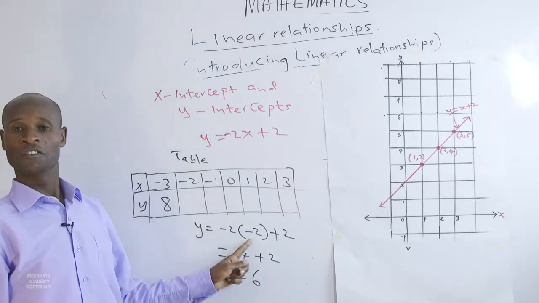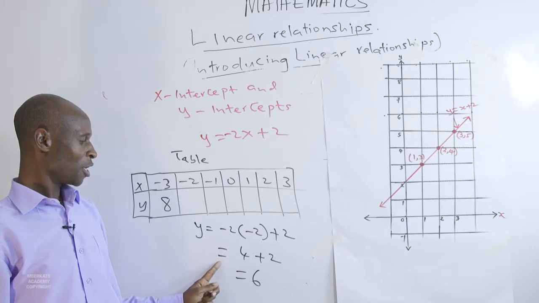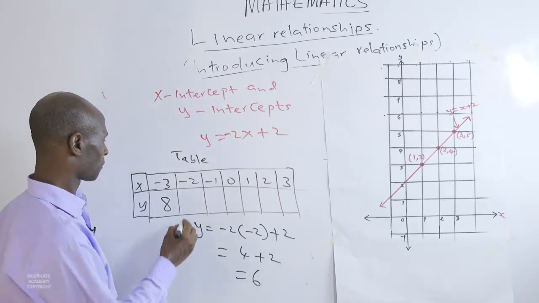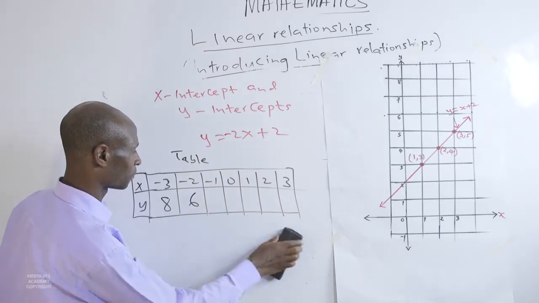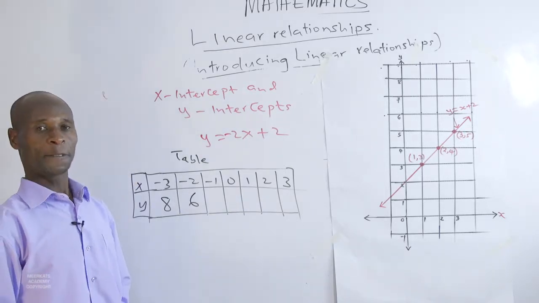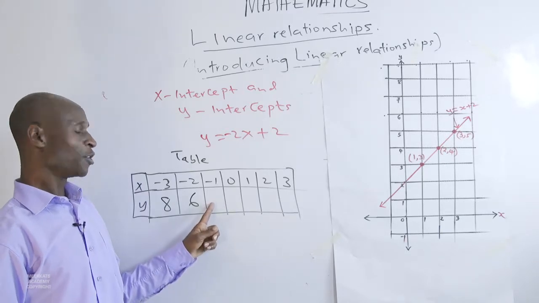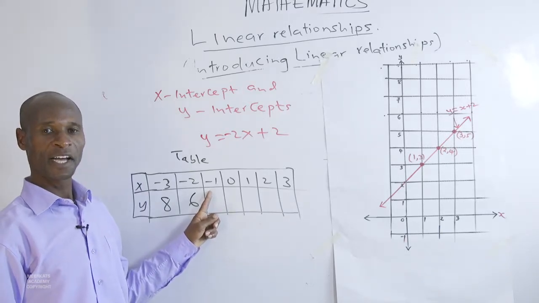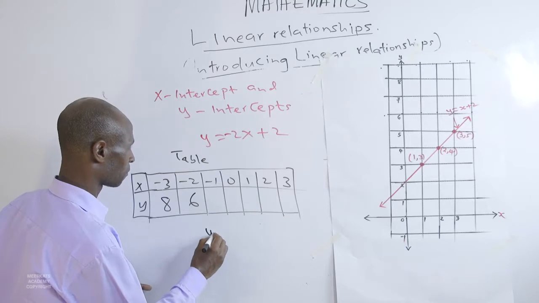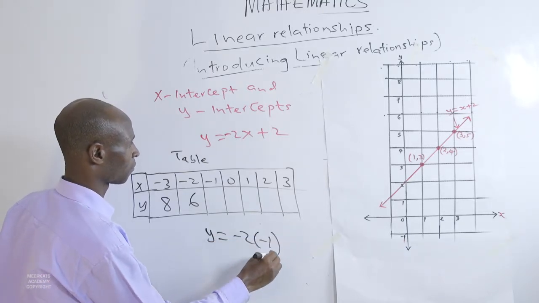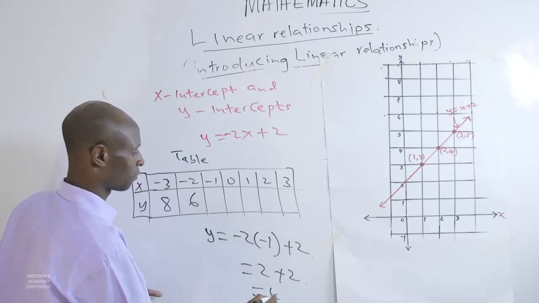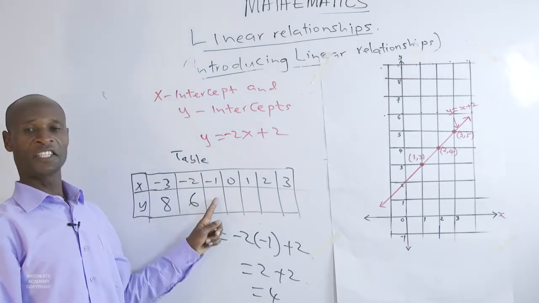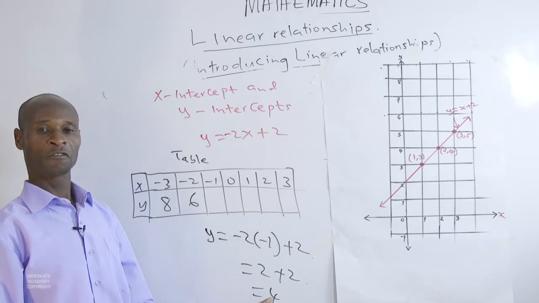When x is -2, the y value is 6. Similarly, find the y value when the x value is -1. When x value is -1, the y value is 4.